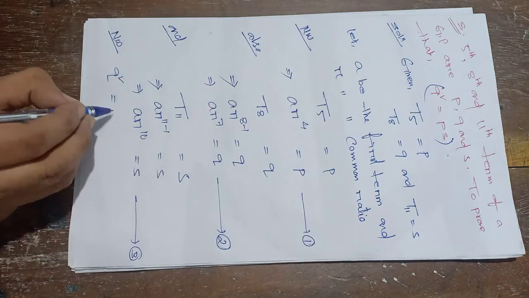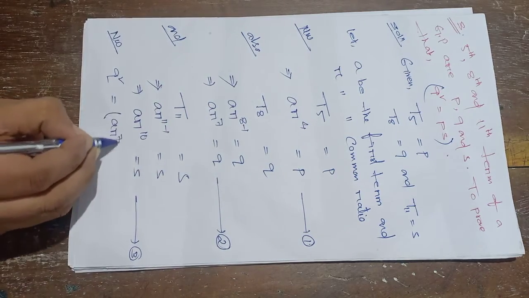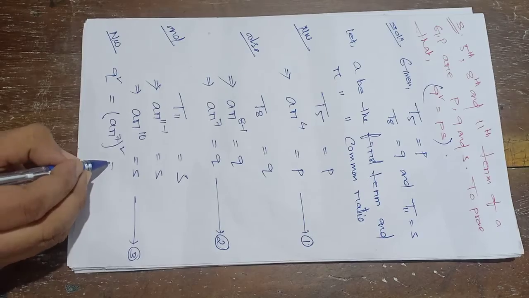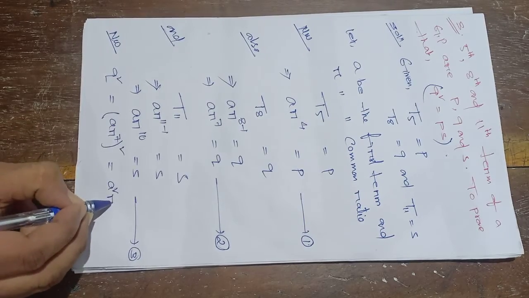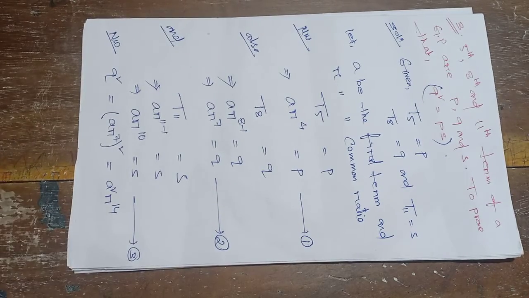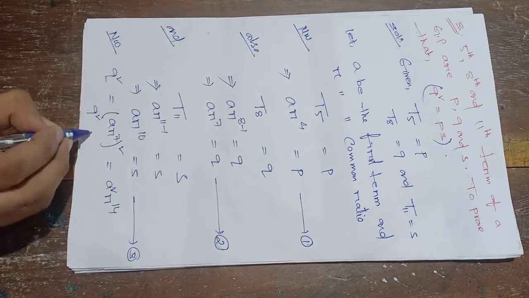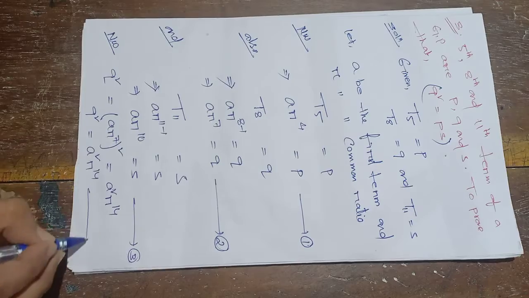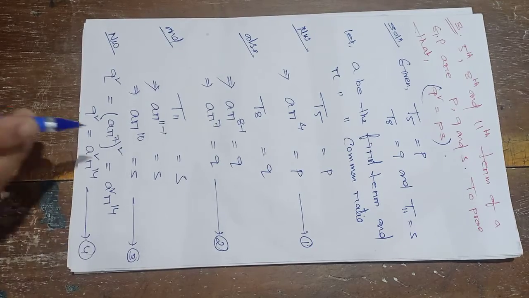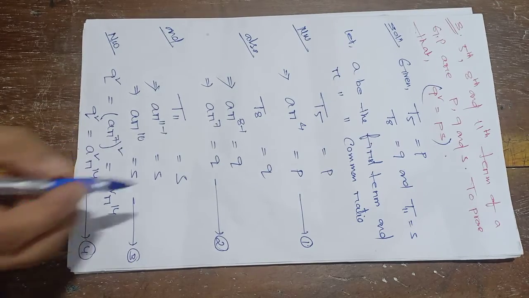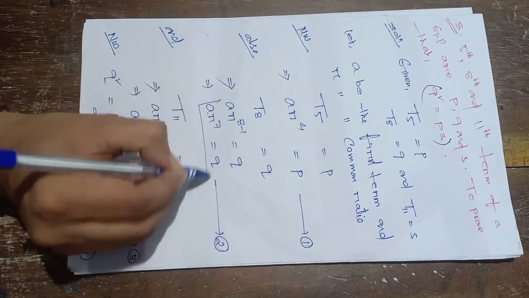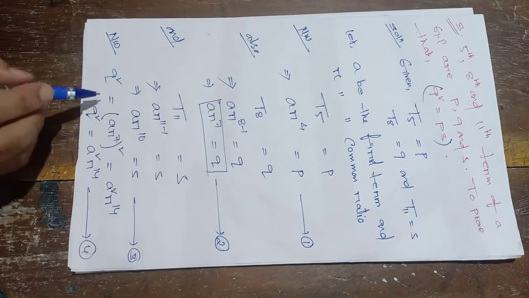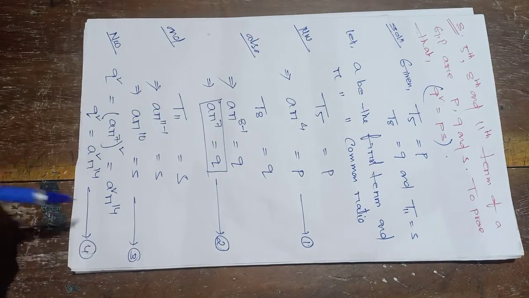From 2 we have AR to the power 7, whole square, which is A square R to the power 14. So the value of Q square is A square R to the power 14, equation number 4. That is the value of the left hand side, because Q is AR to the power 7.